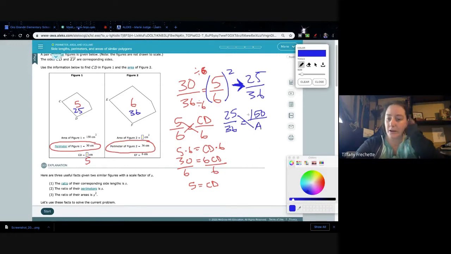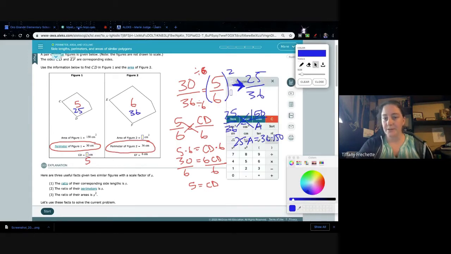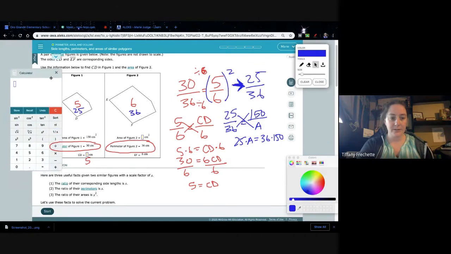So now I'm going to cross multiply, and I get 25 times A equals 36 times 150. And they do give us our calculator on this one. So I'll pull this on over here. So I get 36 times 150 equals, and I get 5,400 equals 25A.